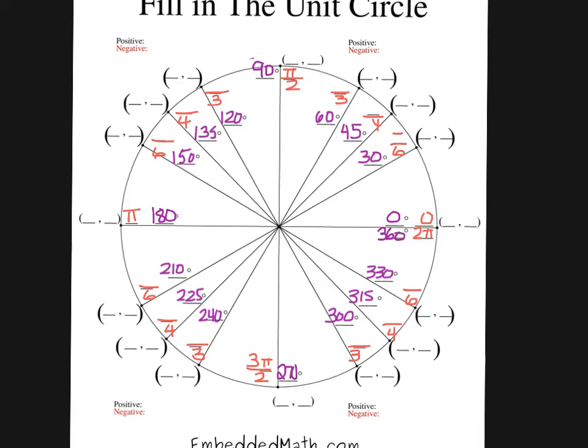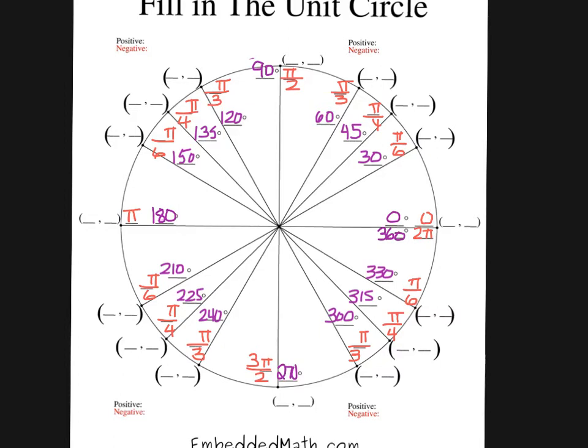They all get pi. So pi goes all the way around. And the first quadrant gets left how it is. So pi over 6 is the equivalent of 30 degrees. Pi over 4 is the equivalent of 45. And pi over 3 is the equivalent of 60.